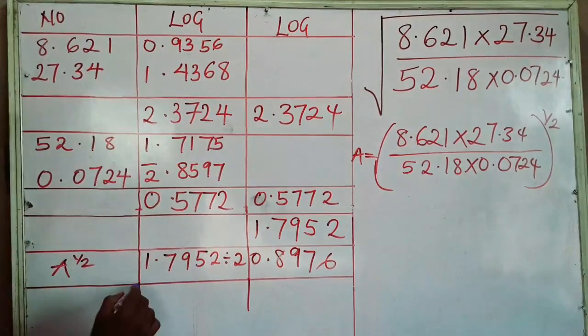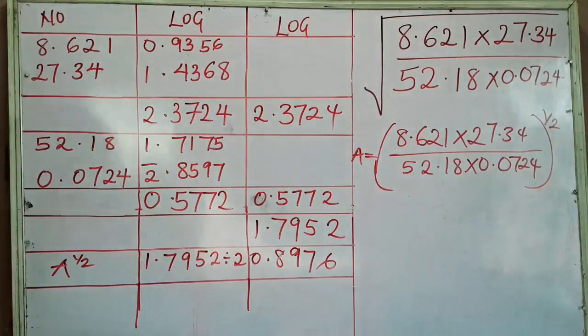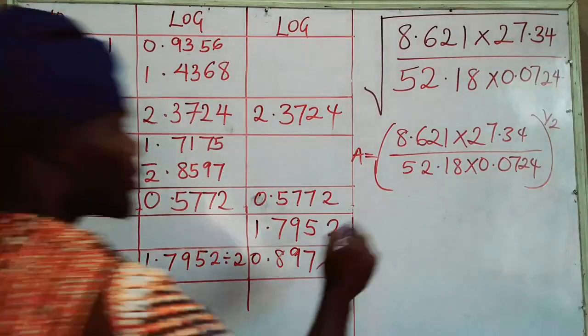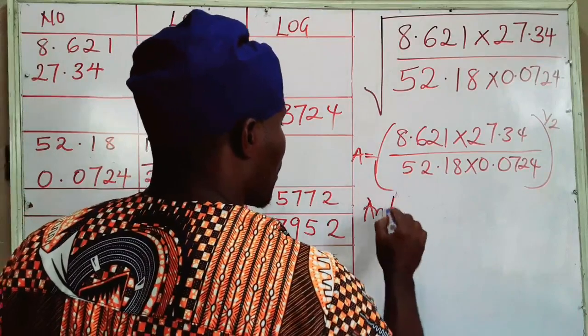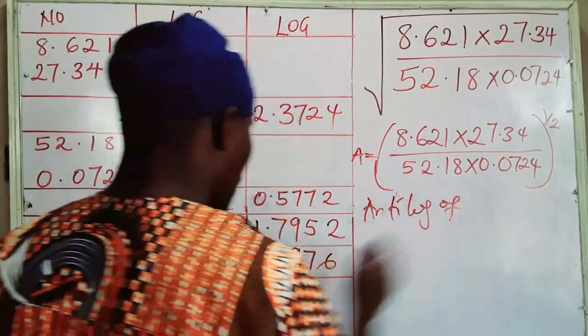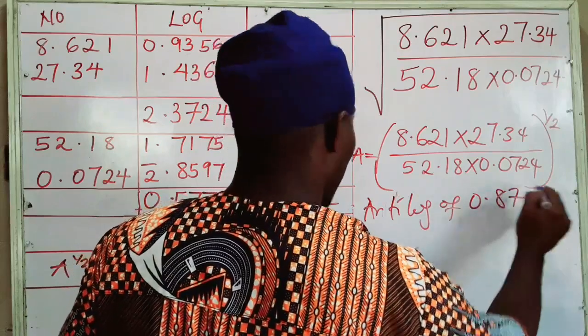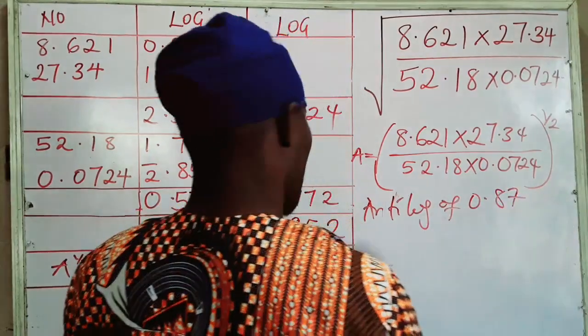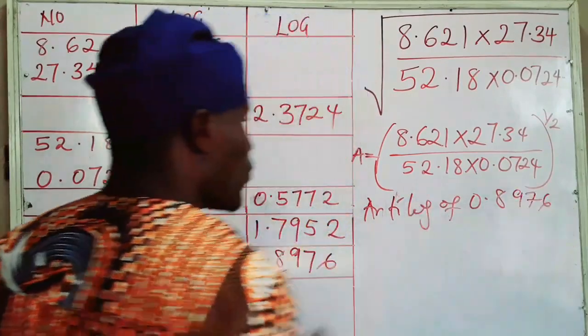So it is now this that you are going to find the antilog of: 0.8976.